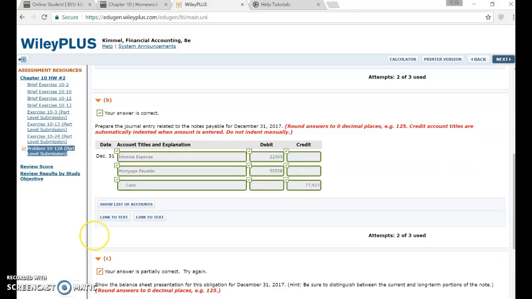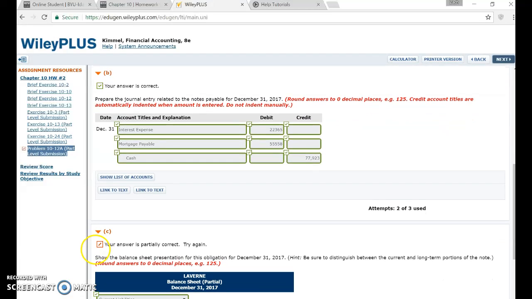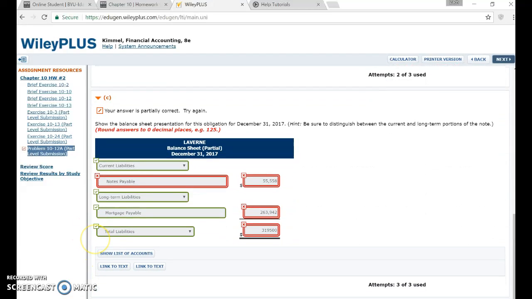Now, for the last section of the problem, I could not figure it out. I thought I had found it in the book, and I had made a few mistypes, but I thought I figured it out, but I didn't. So anyone that's willing to help me out with this, I'd appreciate it. But we know we need to separate the current liabilities from the long-term liabilities.